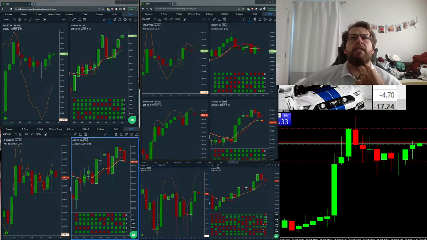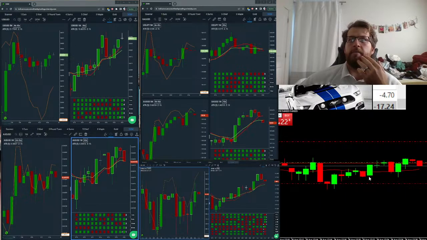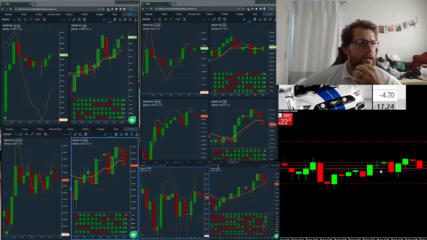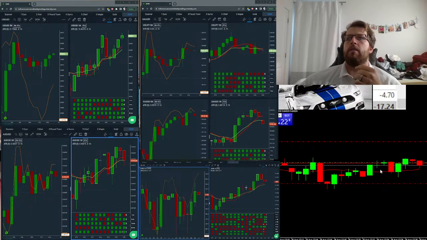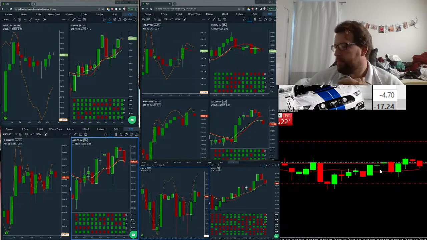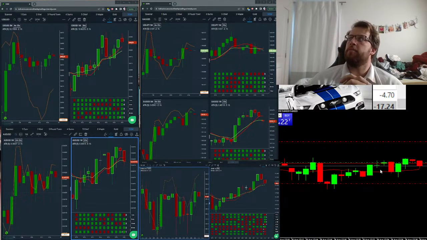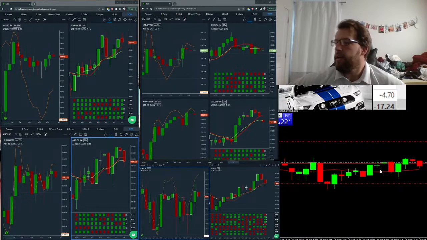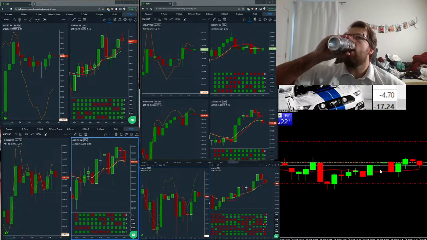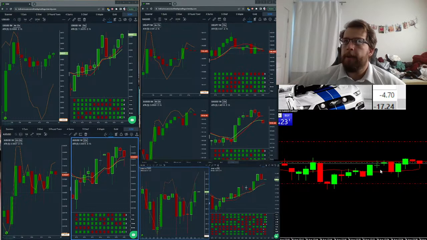Okay, that's an okay looking post. Except the Aussie looks like it's wanting to move back down. Could be getting a possible buy on the yen pretty soon.